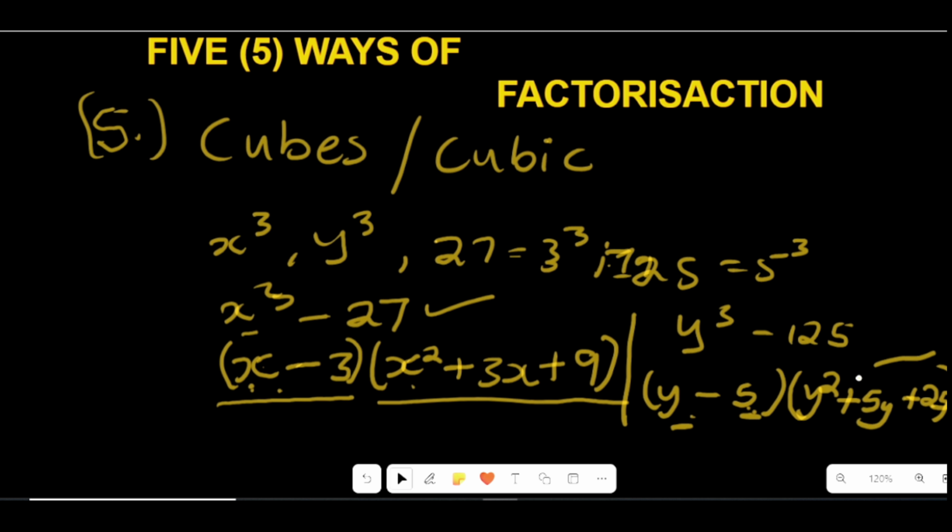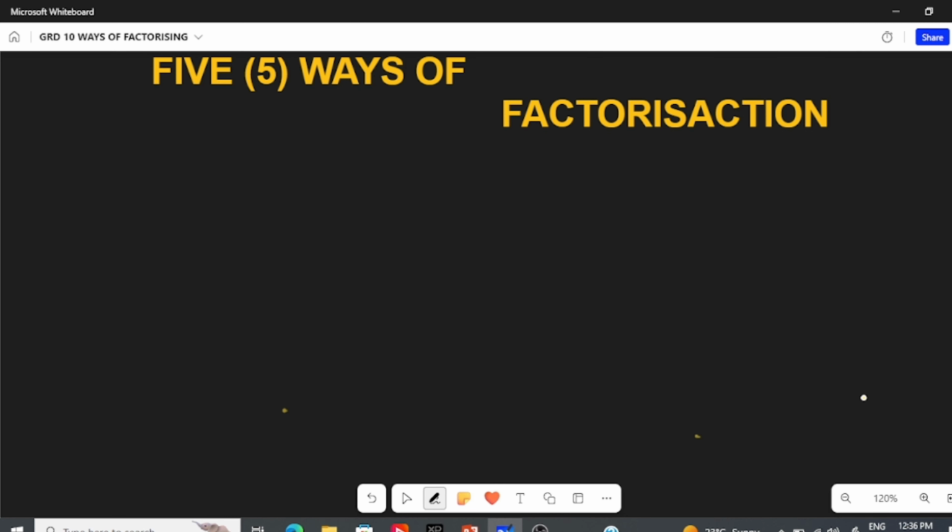And that's how it goes, ladies and gentlemen, and those are the 5 ways of factorizing. Recap here: we said 5 ways of factorizing in grade 10. Number 1, we need to be able to remove a common factor, whatever is common there.